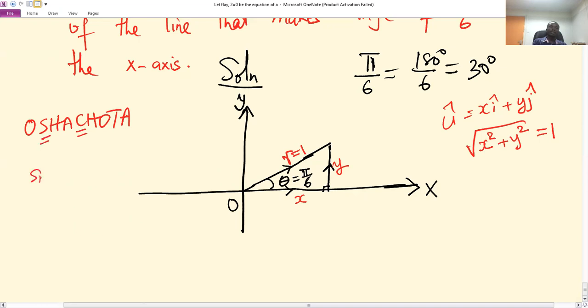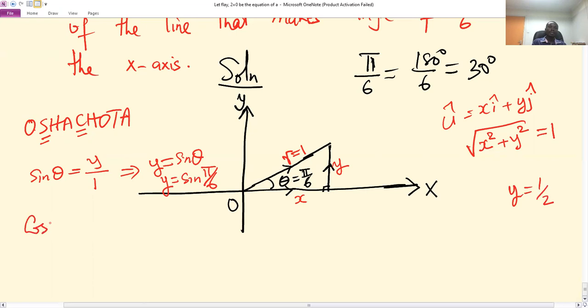From SOH CAH TOA, we can define cosine and sine. Sine of theta is opposite over hypotenuse. Opposite is y, hypotenuse is 1, so y is just sine of theta, y equals sine of pi over 6. Sine of 30 degrees is a half, so y is a half.